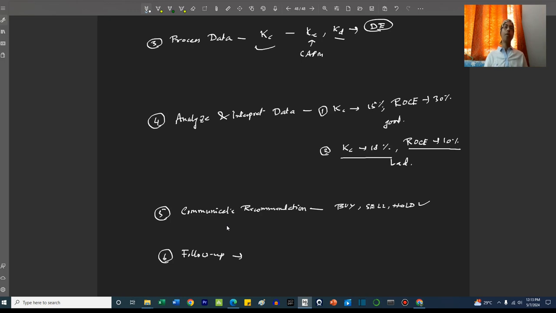So we have to follow up regularly, and if required, make changes as and when required. And if you follow this cycle repetitively, we are following a proper financial analysis technique. This is a proper flow of financial analysis technique which is repeatable, and if followed, this can give us the desired results.